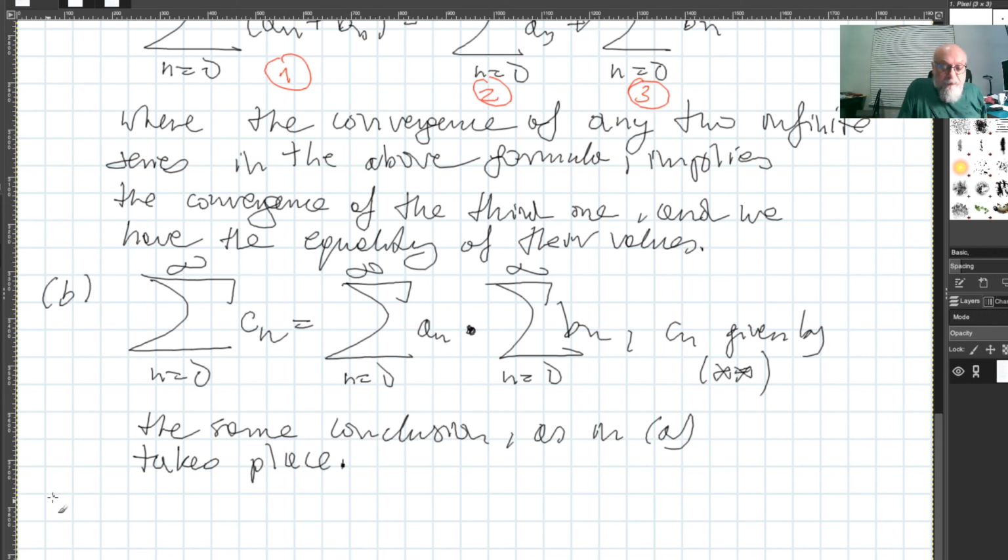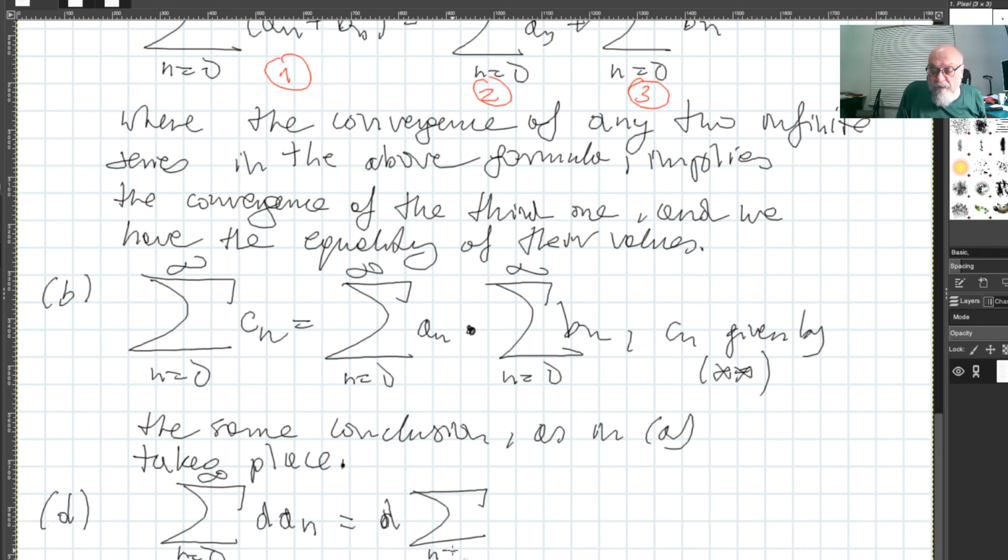Maybe put here additionally the property that you can always take a constant out. If I put here any complex number, call it D, times the sum from n equals 0 to infinity of an, then you can take this complex number D out of the summation.